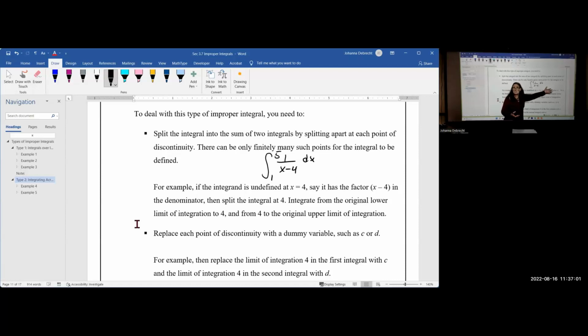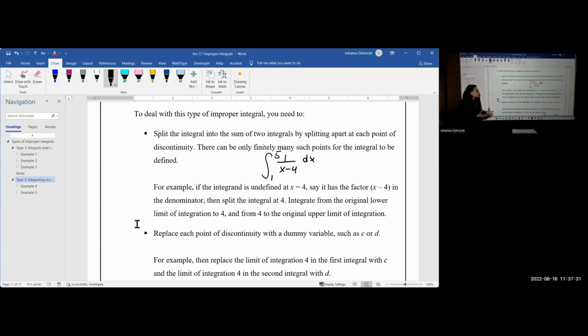It'd be 1 over u du, natural log of the absolute value of u, and then you'd be going and plugging in numbers, and you'd be getting the wrong answer. Because between 1 and 5, we have x equal 4, and 4 causes the denominator to be undefined. There's a vertical asymptote at x equal 4. So we need to split this into 2 different integrals, and we're going to split it at 4.